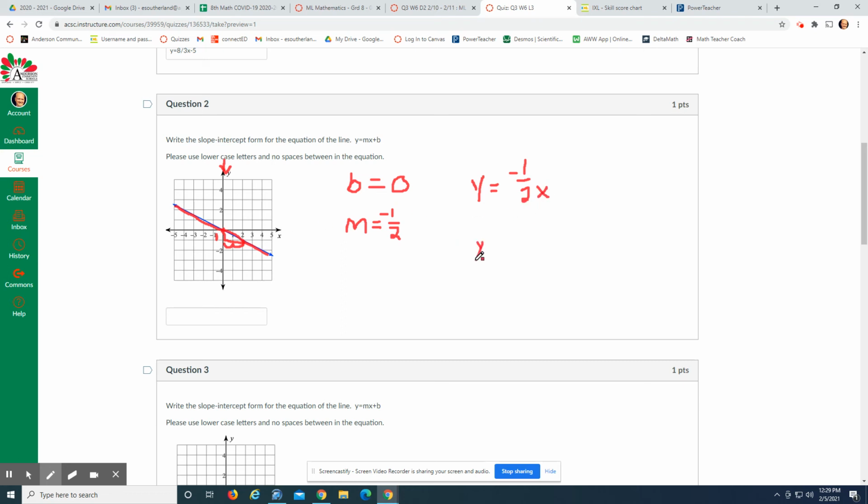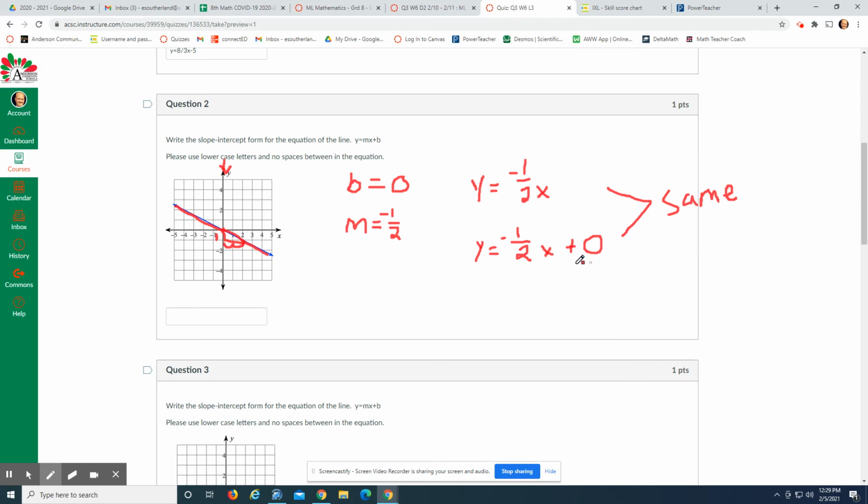Well, and if you were to put y equals -1/2 x plus 0, these are the same. Well, how do you know that they're the same? Think about this.